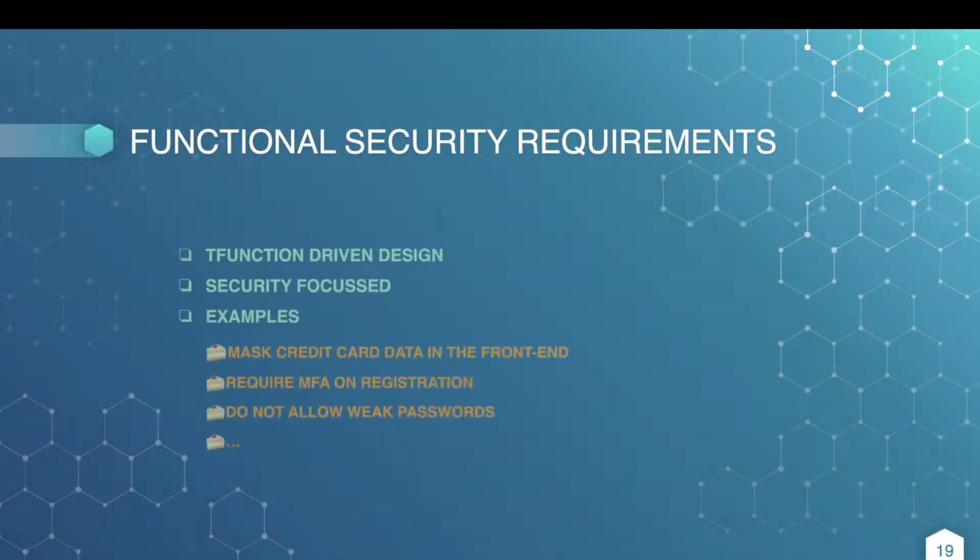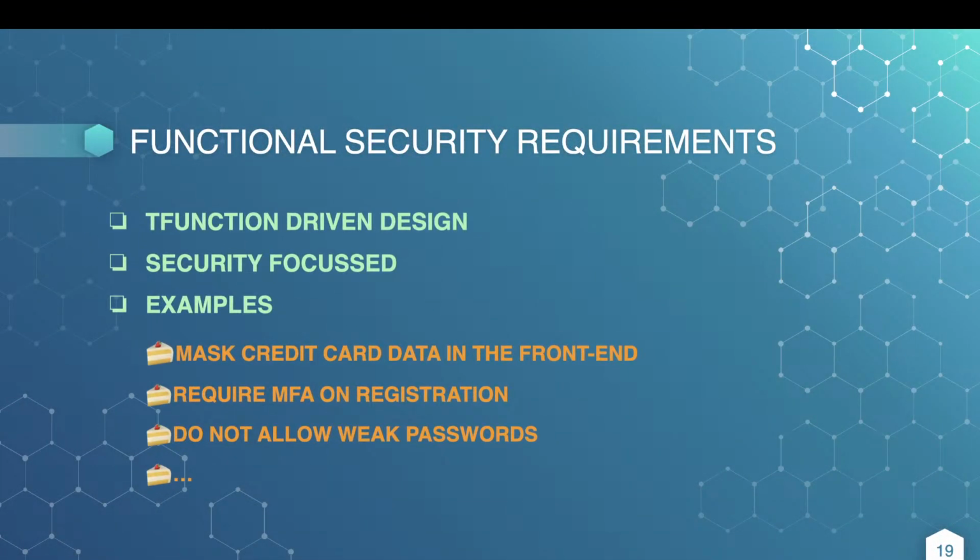When it comes to setting up security requirements, we have different ways of setting them up. Let's talk about functional security requirements first. These are function-driven designs. They're security focused. For example, we need to mask credit card data in the front end.